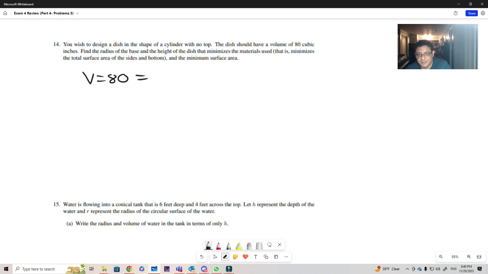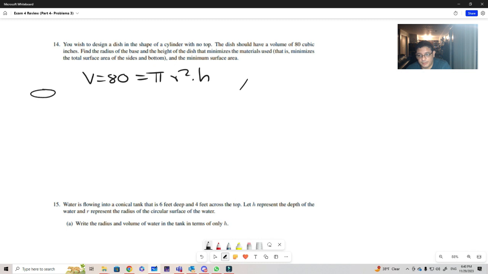But remember, this is a cylinder, so the volume is going to be pi r squared times h, right? That's the volume of the cylinder. And at the same time, we want to find the radius and the particular height of the dish that minimize the materials used, that is, minimizing the surface area of the side and the bottom.